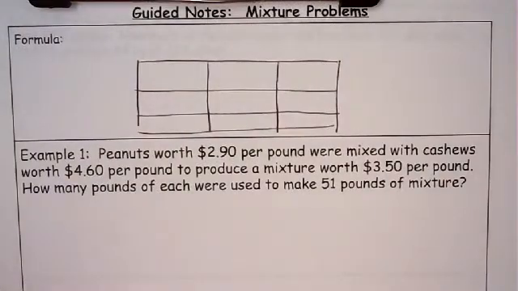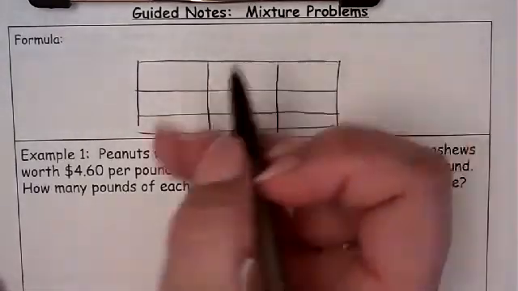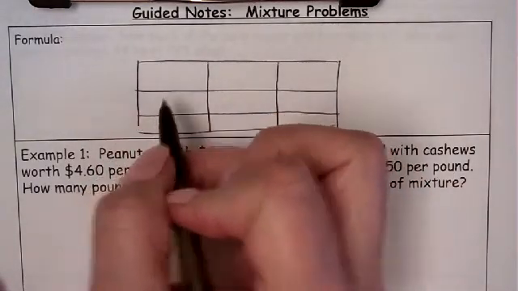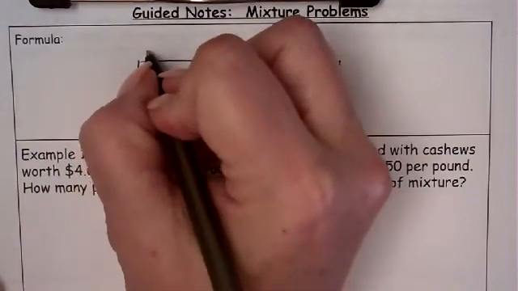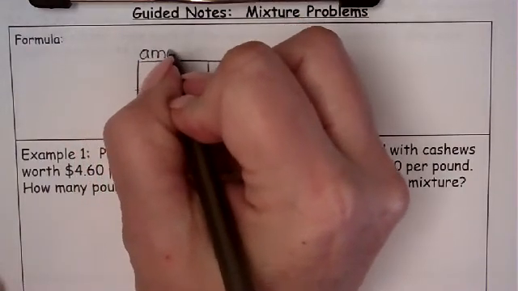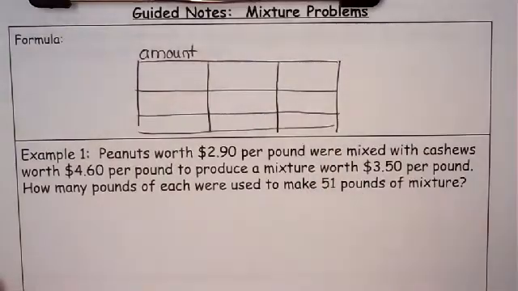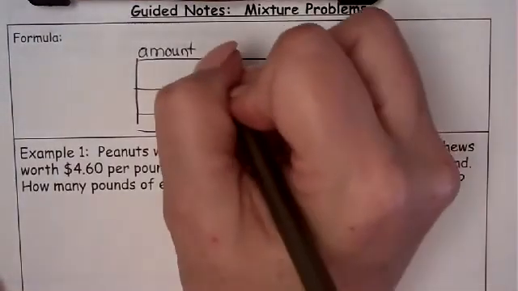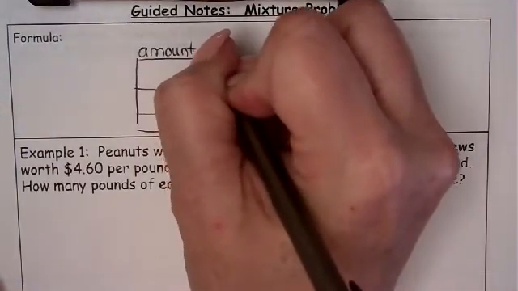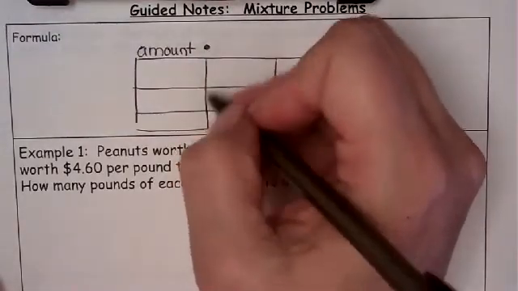Okay, so I'm making a 3 by 3 table. Now, here's what we're going to do for headers. Above this first column, our header is going to be amount. There's a little multiply sign right between the 2 columns.